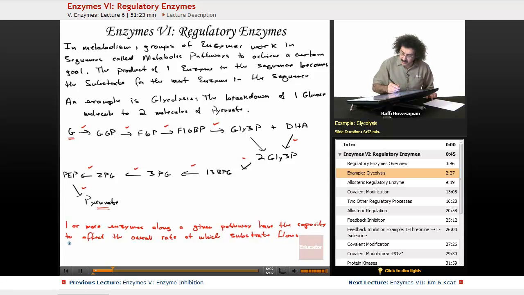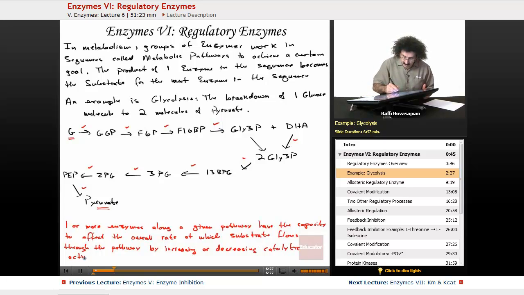It's probably a little better description. They do this by increasing or decreasing catalytic activity.